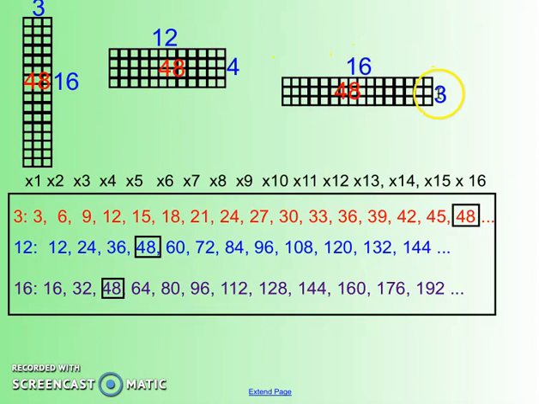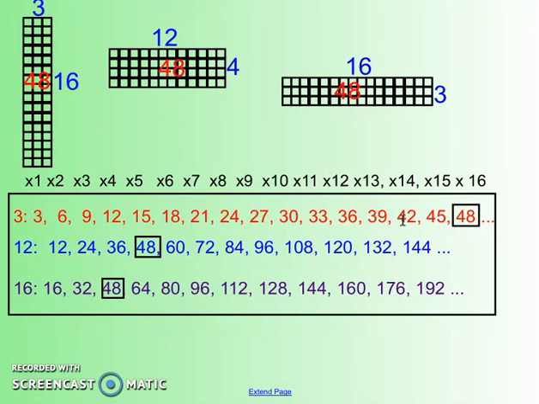And then 16 times 3 is 48, and that too is the factor that I began with. And so each one of them, since they have a common multiple, their rectangular array has a common area as well. Now, this is one way that we can find least common multiple, just by listing out all the multiples.